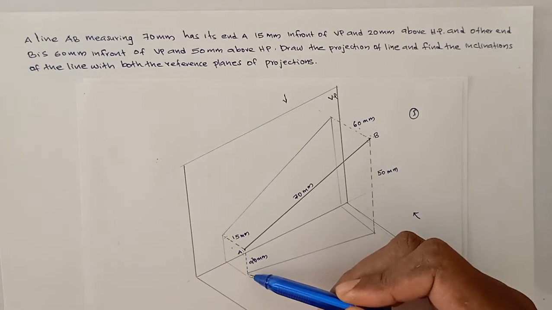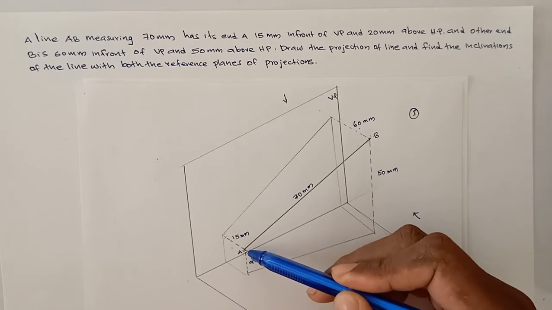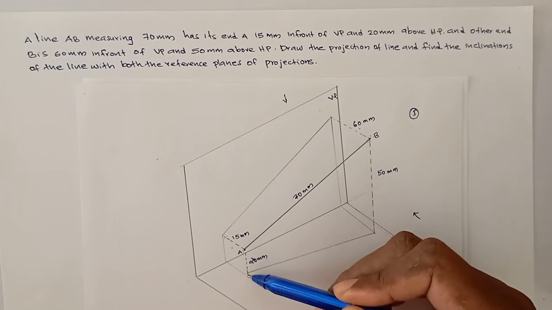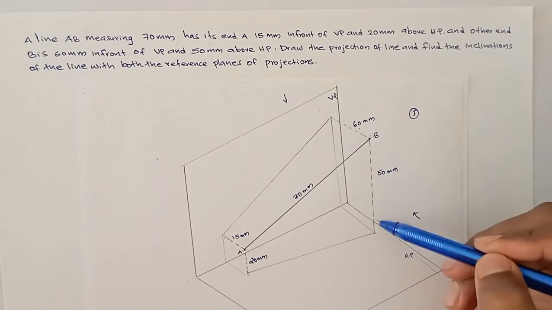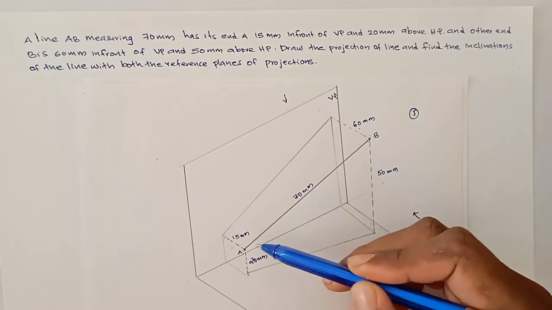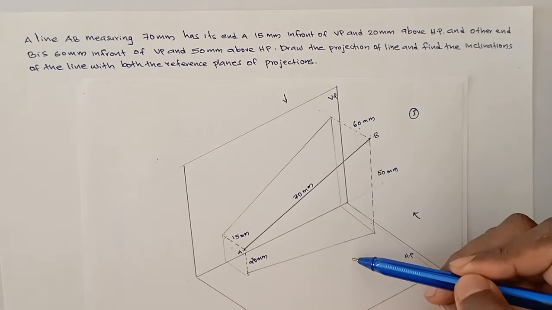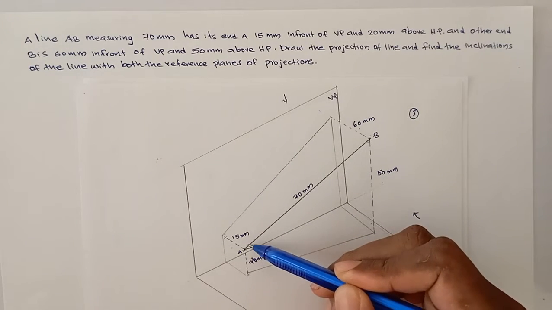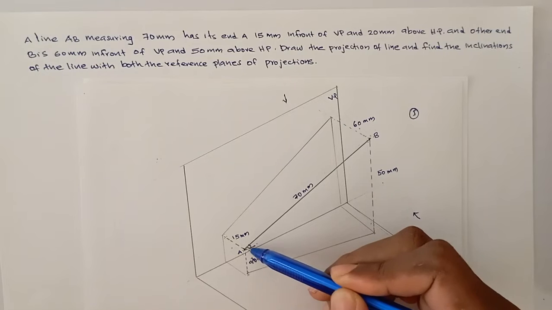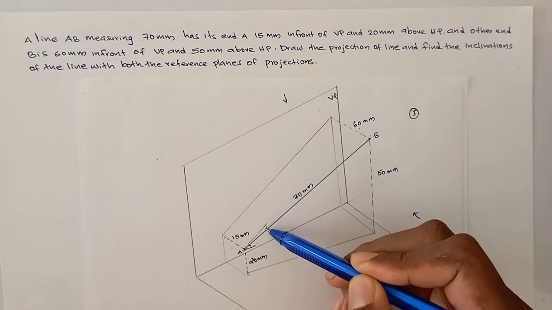What about here? The distance of A from HP is 20 mm and the distance of B from the HP is 50 mm. That means the line is not parallel to HP. It makes an angle with HP and here it makes an angle with VP.